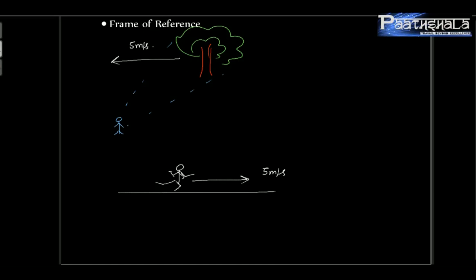So basically, the frame of reference, or the reference frame as we call it in physics, of the first observer is stationary. And the frame of reference of the second observer is moving.